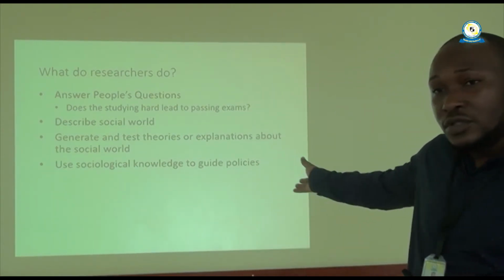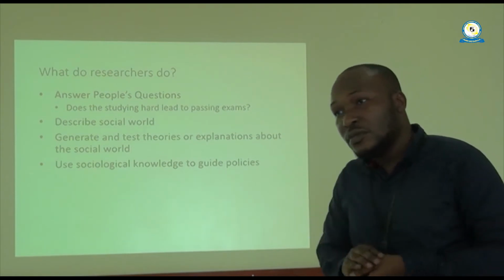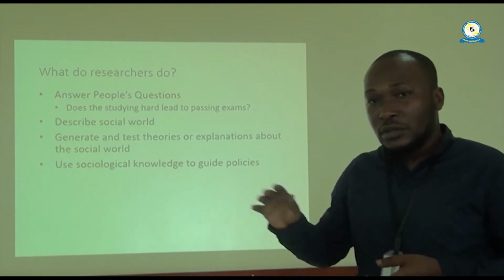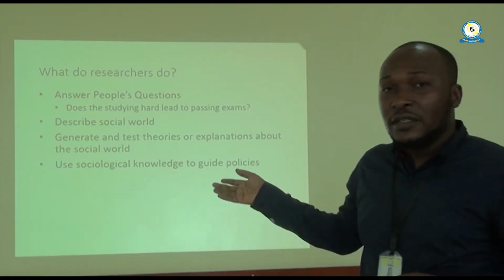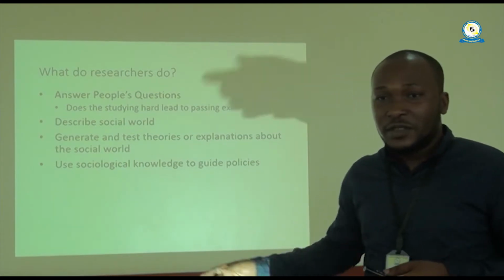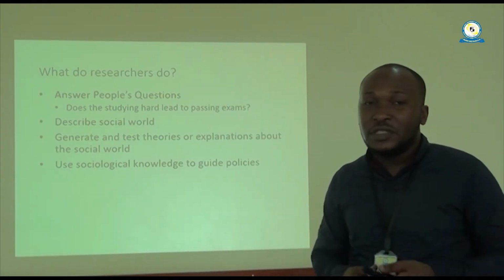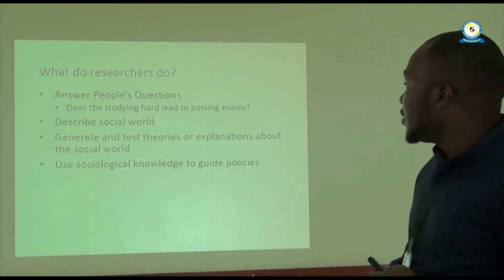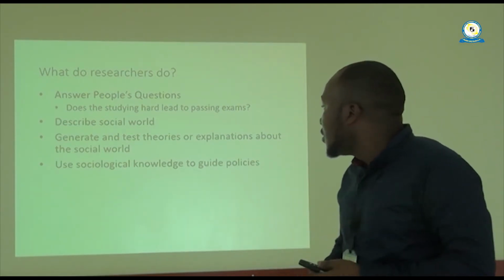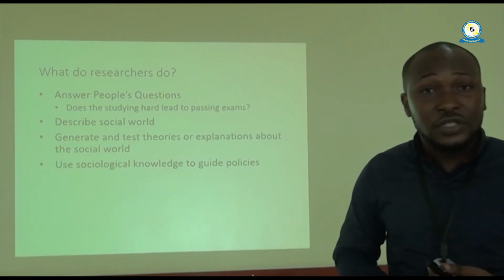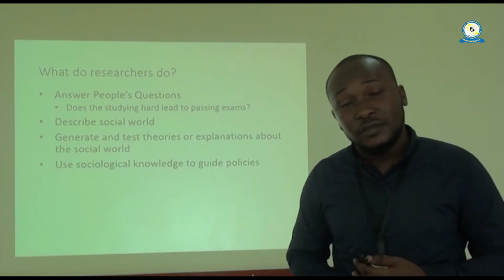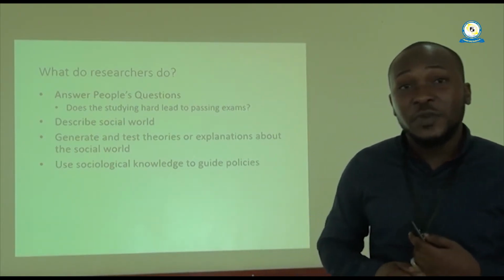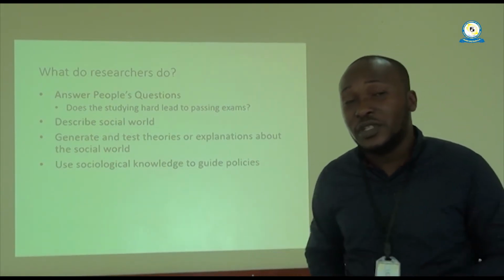What do researchers do? As I said, the advantage of research is that it answers people's questions, describes the social world, generates and tests theories, and gives explanations about the social world, using social knowledge to guide policies. You influence government to change a certain policy.